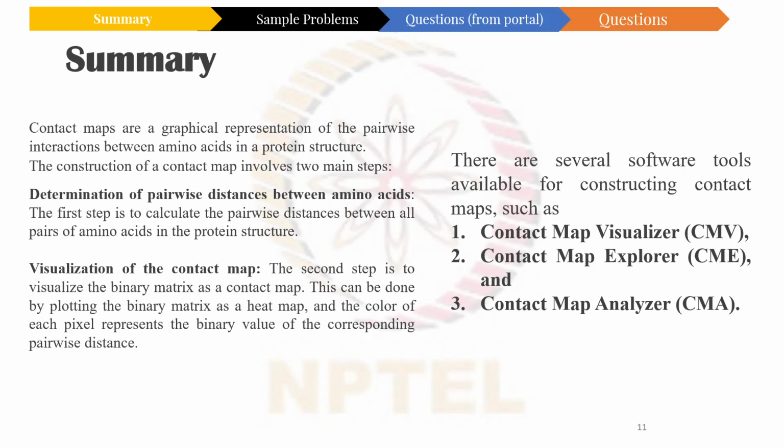These customizations include adjusting the threshold for binary values, selecting the color scheme, and adding labels and annotations. Interested people can try out these tools with their default pairwise distance matrix to see how these different tools provide different options for users.